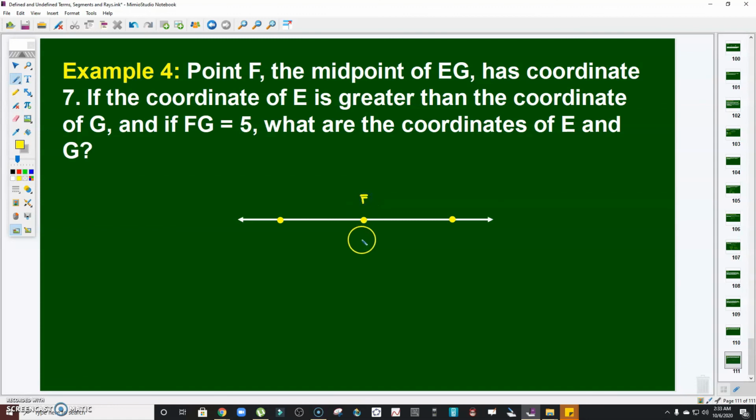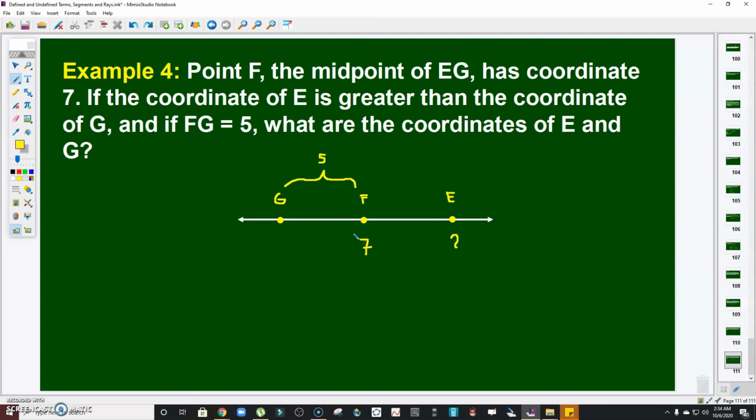The problem says the coordinate of E is greater than the coordinate of G, so I'm going to put E here and G there, since E is greater than G. If the length of FG is 5, what are the coordinates of E and G?